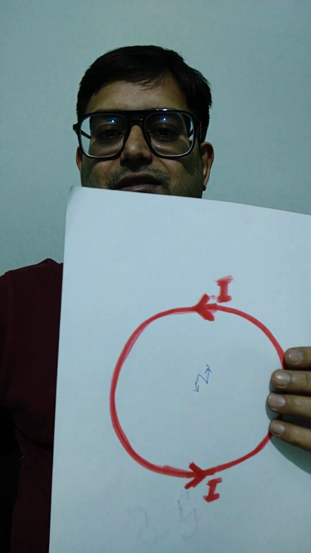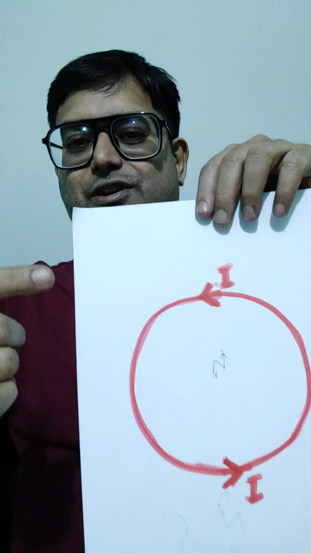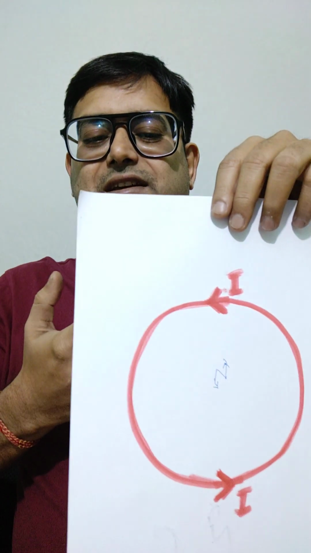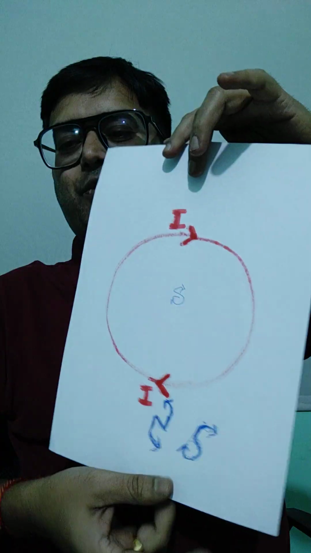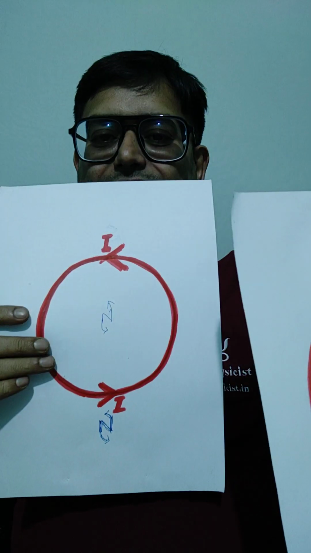Now let's look at the back side of this one. If it is north facing towards you, what kind of pole will it create on the other side? Automatically it will be south, right? So if the north pole faces towards you, the opposite side will have a south pole. Now the other coil, just behind this one, also has north facing front.